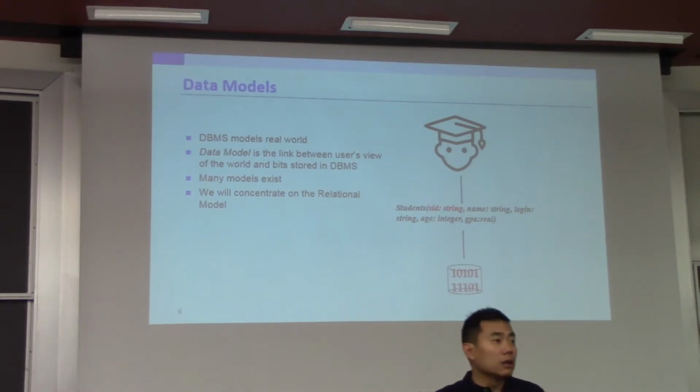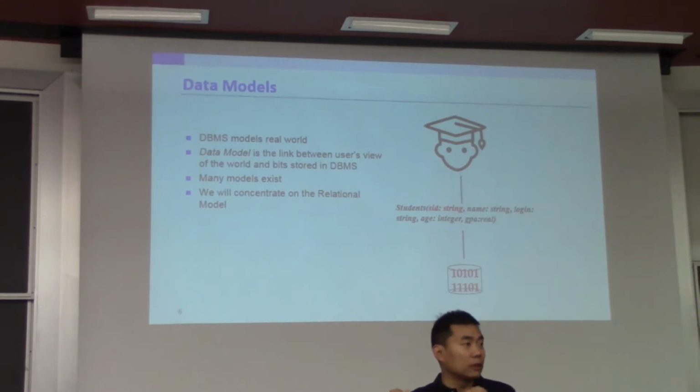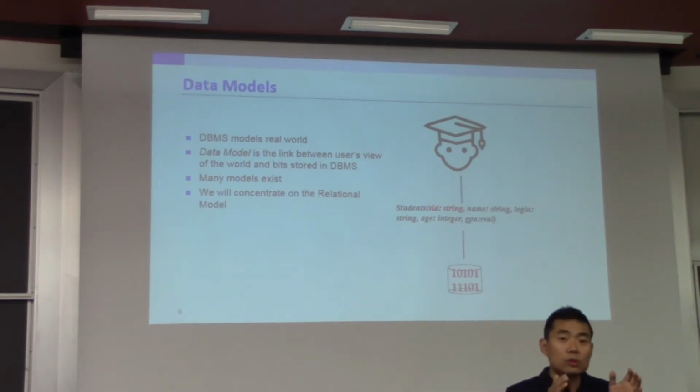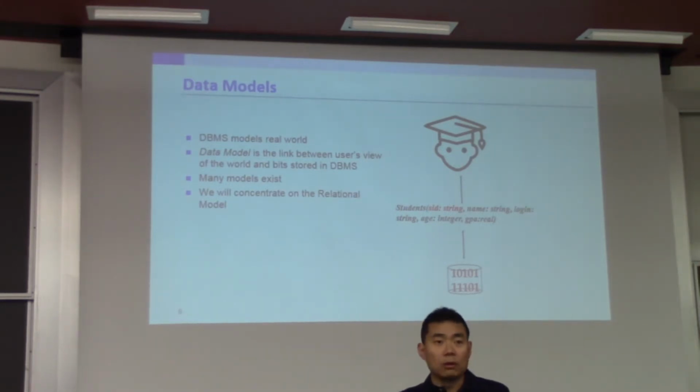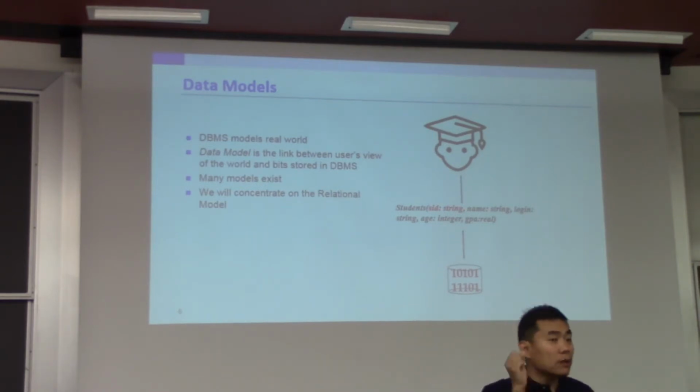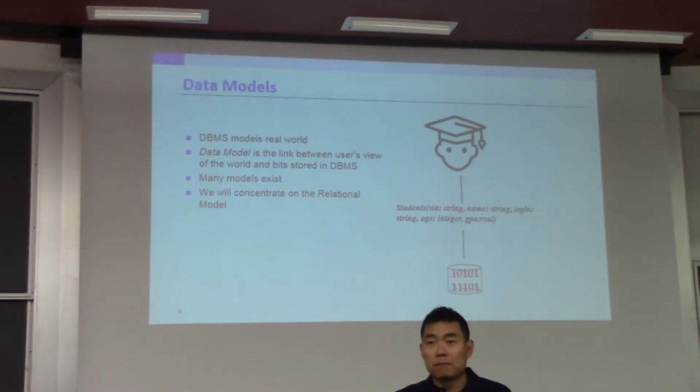Whether it's a fighter jet, or it's a Boeing 787, or it's an Airbus, whatever model, right? You need to know the type of airplane and the model of the plane in order to design the lot suitable for the airplane and the runway and so on and so forth, right? So in other words, you need to have some information about the model of the objects you are dealing with.